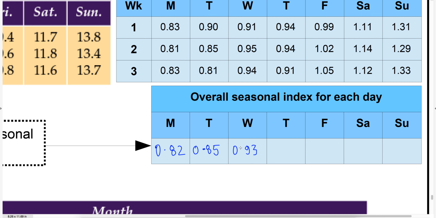So you see these ones were all below. So when you've got some below, you obviously need to have some above as well so that they do actually average out to 1. So that one's also 0.93.